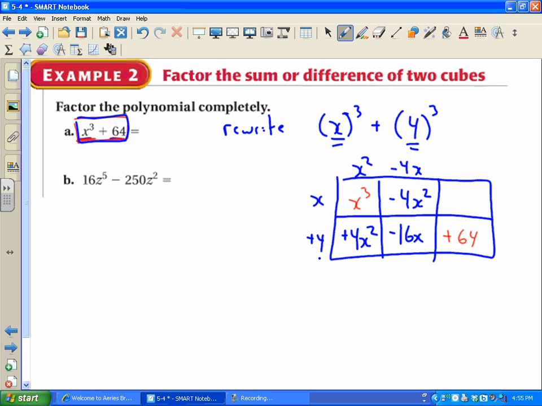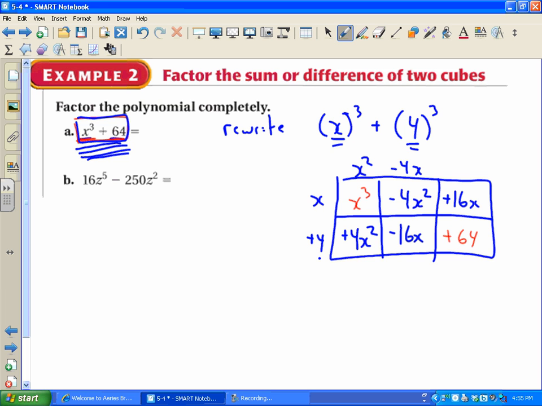Since I want all of my terms, once again, to cancel out, because I have x cubed plus 64, that means if I have a negative 16x here, I have to have a positive 16x in that location so that it does cancel out.